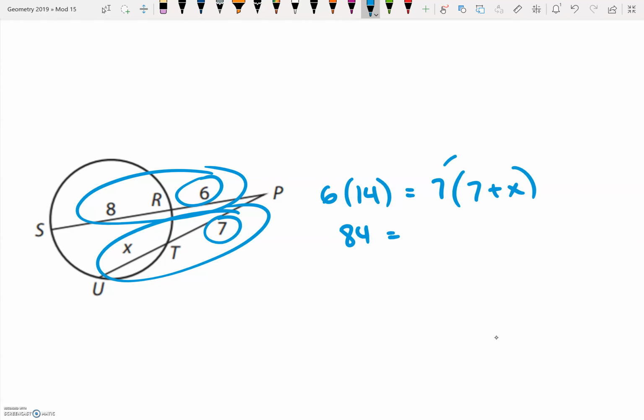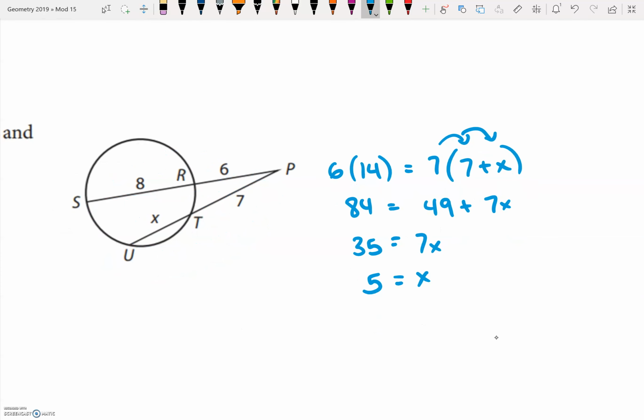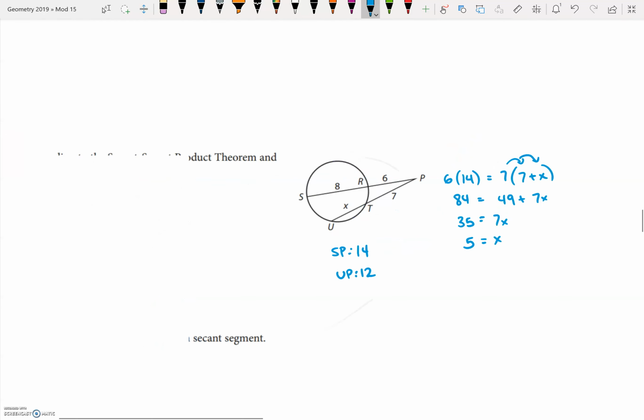And then we'll distribute our 7, so we end up getting 49 plus 7x. 84 minus 49 is 35. So x is equal to 5. Let's plug that in. So we have SP is 14, UP is 5 plus 7, which is 12, and we could say UT is 5.